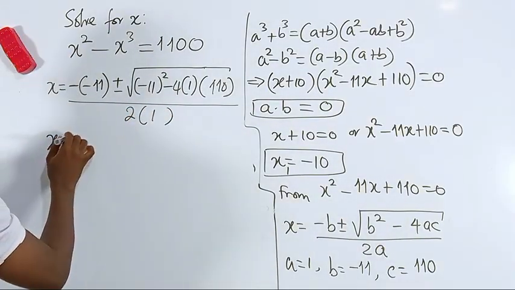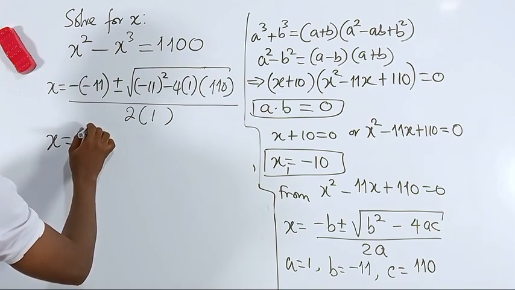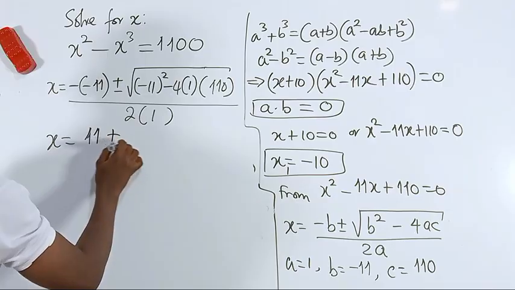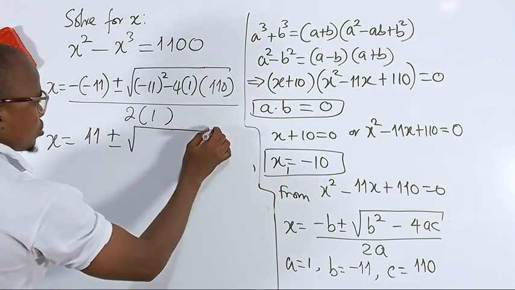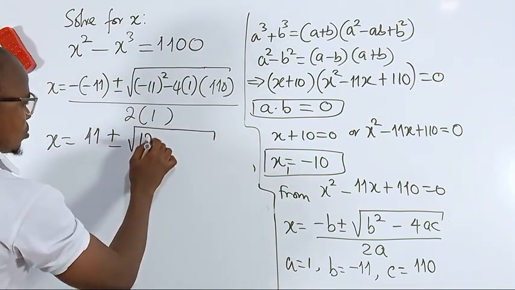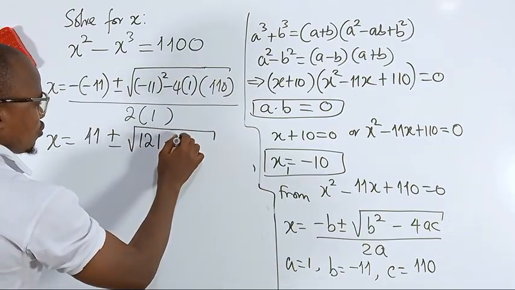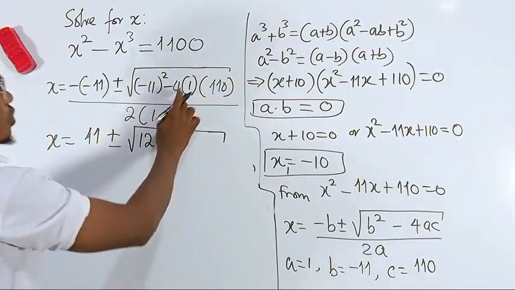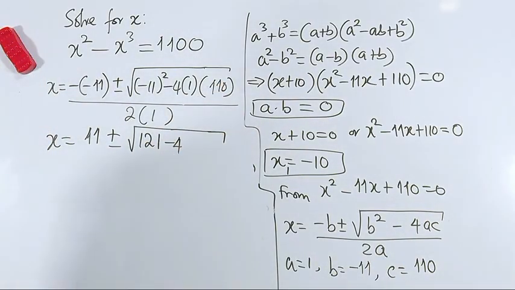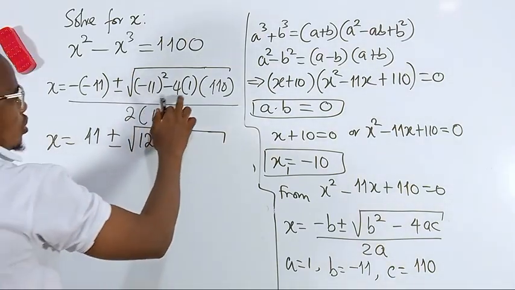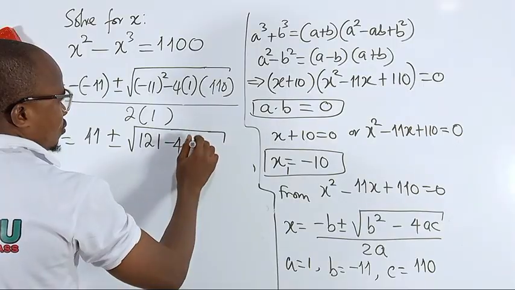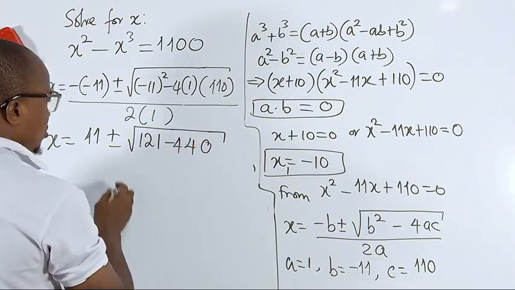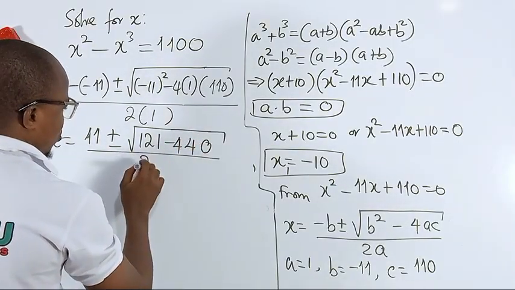So we're going to have x equals 11 plus or minus the square root of 121 minus 4 times this. So 4 times 110 will give us 440, all divided by 2.